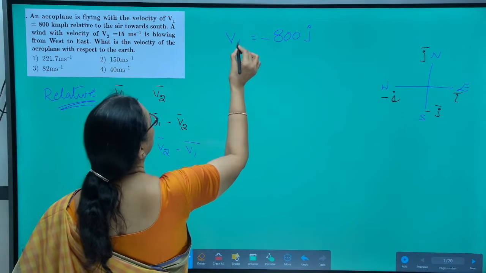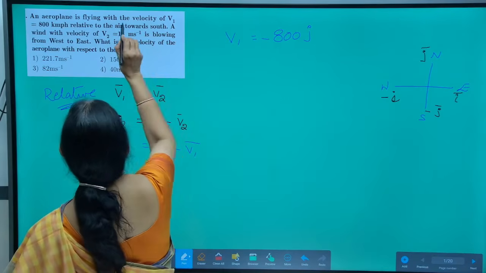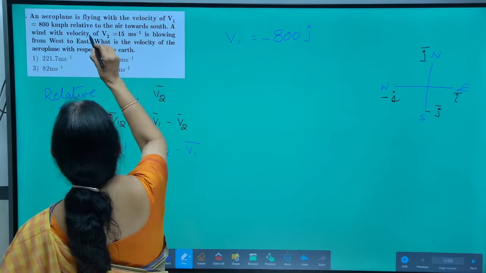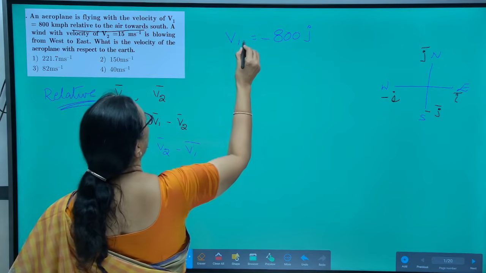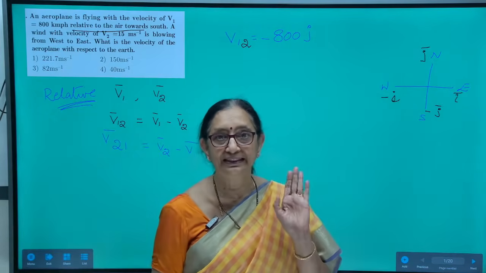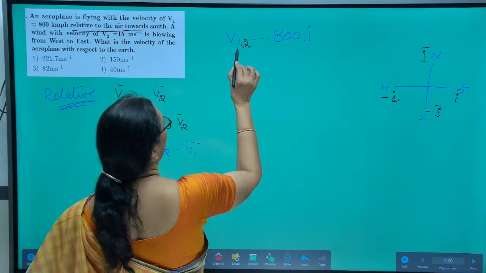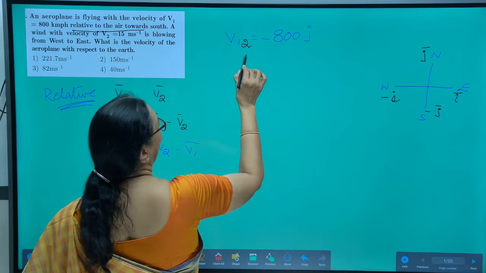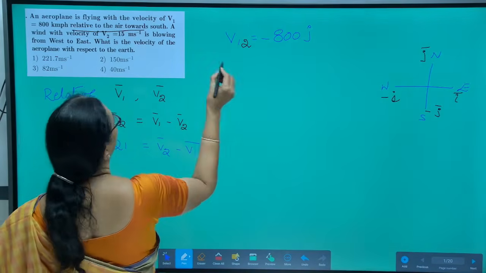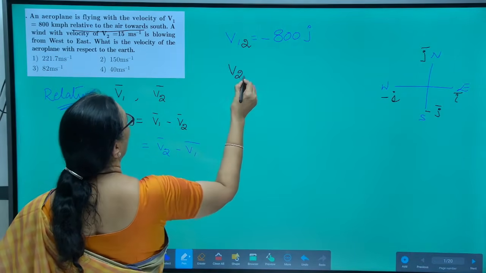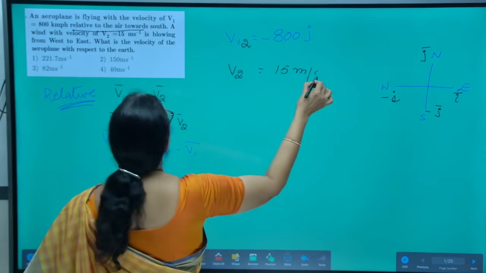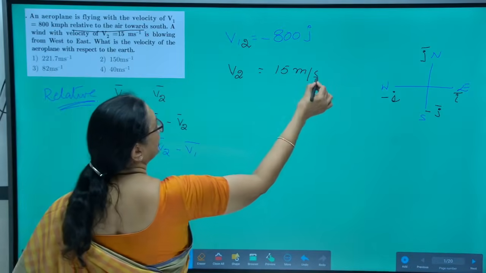So, here the aeroplane is flying with a velocity given as V1, 800 relative to air. If we take velocity of air as 2, they have mentioned the velocity of the aeroplane with respect to air is 800 kmph south, and velocity of wind is given as V2 is equal to 15 meter per second blowing from west to east.